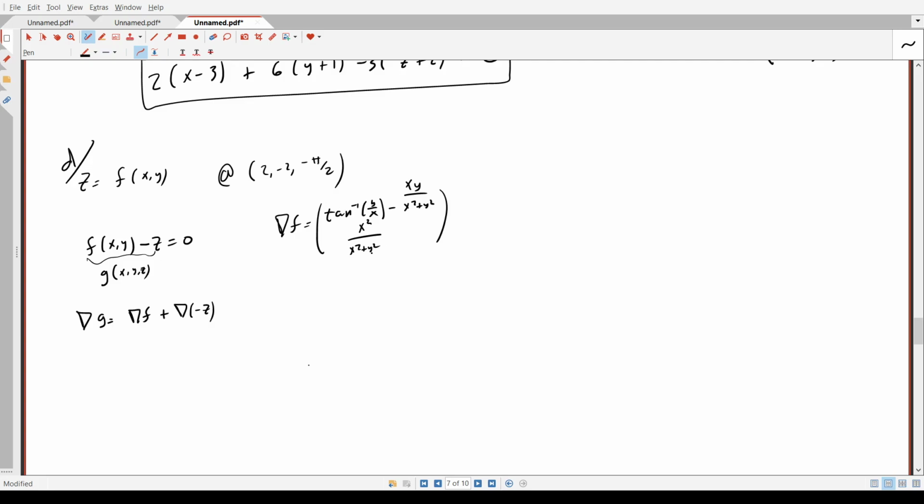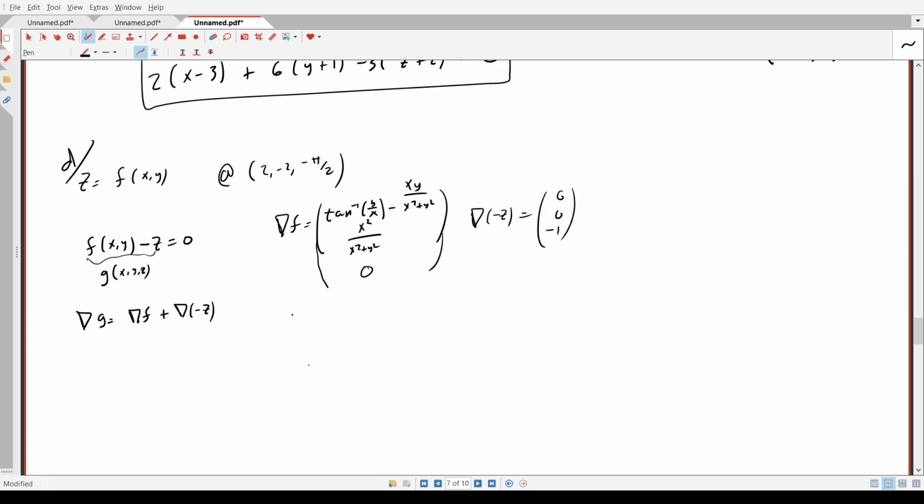Okay, and then gradient of minus z, that's obviously just 0, 0, minus 1.